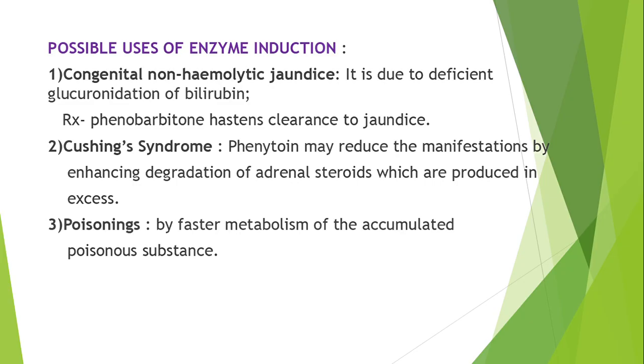In case of poisonings, enzyme induction will be helpful through faster metabolism of the accumulated poisonous substance. These are the possible uses of enzyme induction. You can go through the book to learn more about this and also from different articles.